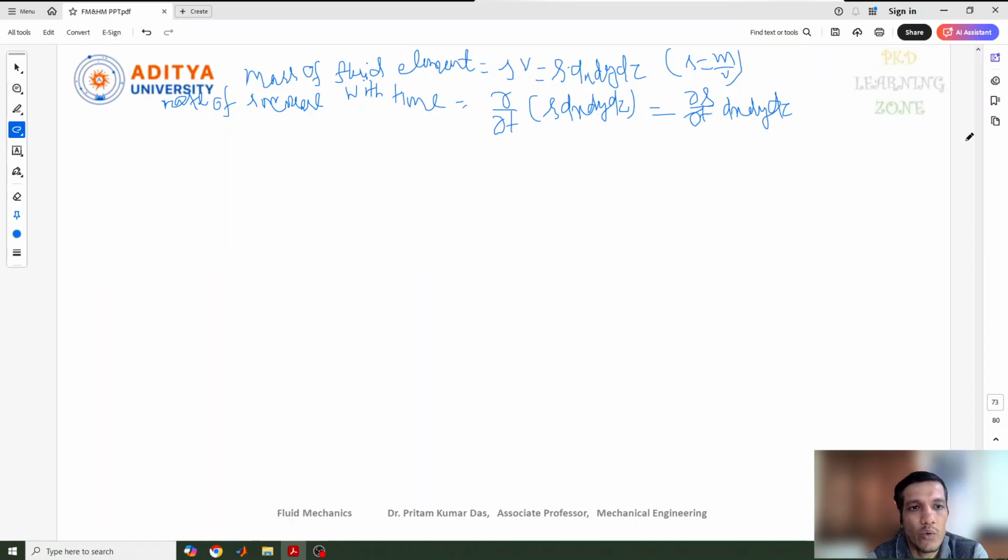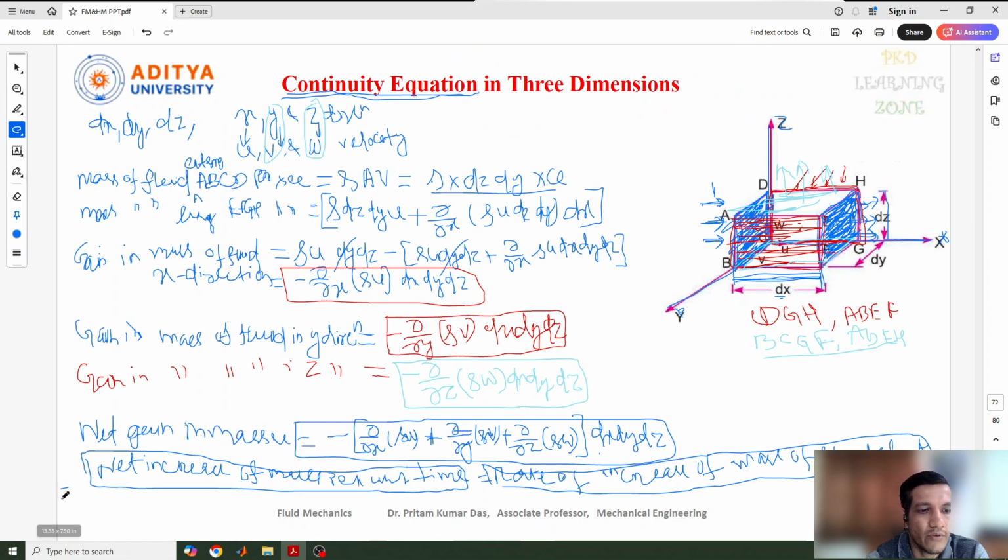This is the equation we got, the rate of increase of mass of fluid with respect to time. Now these two should be the same as per the definition: the net increase of mass flow rate per time equals the rate of increase of mass of fluid in the element.